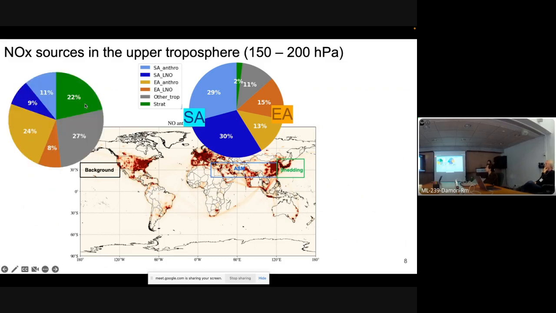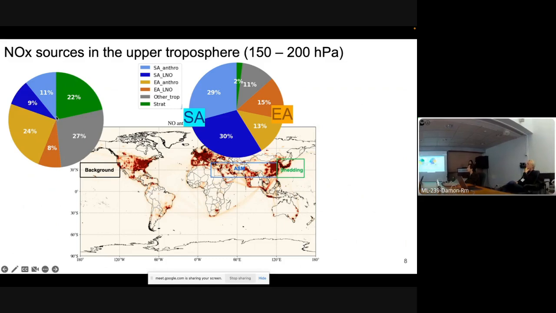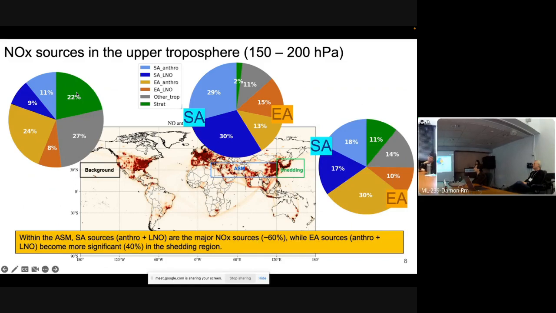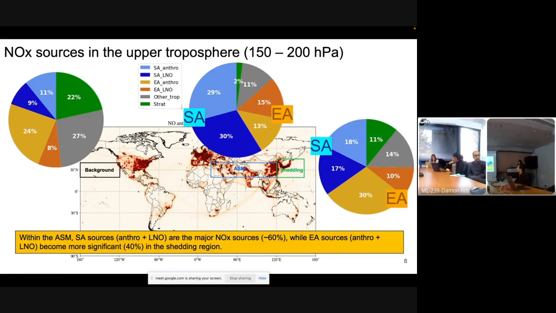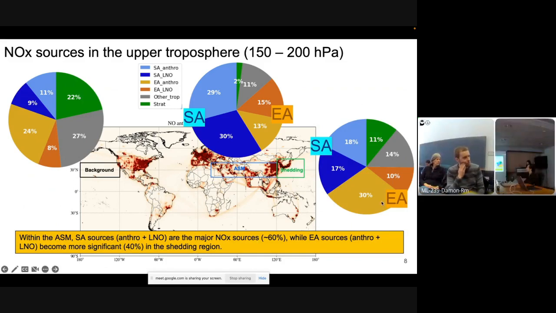Compared to the background atmosphere, where the stratosphere contributes more than 20%. So in the shedding region here, stratospheric impact is larger than the monsoon region, but still smaller than the background impact.